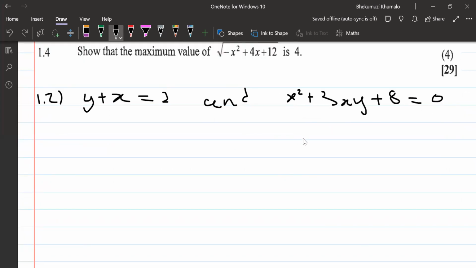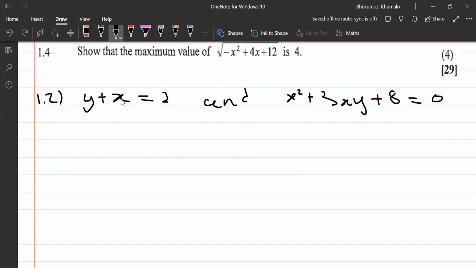Generally, the idea with simultaneous equations is that you rather choose the equation that would best be easily manipulated. In this case, you have a quadratic, and it's a bit complicated.